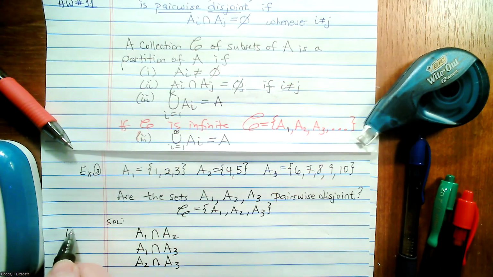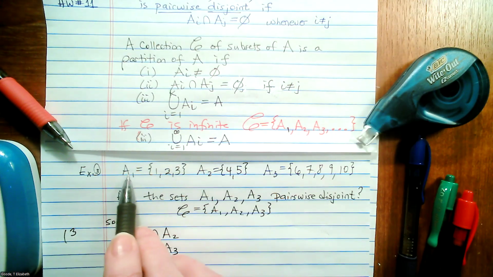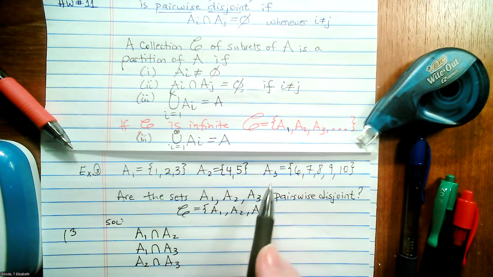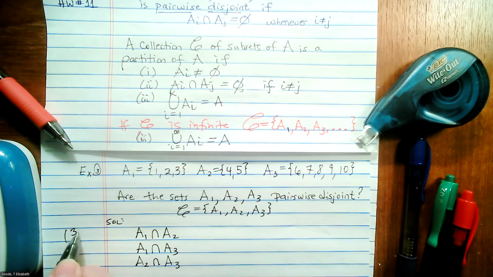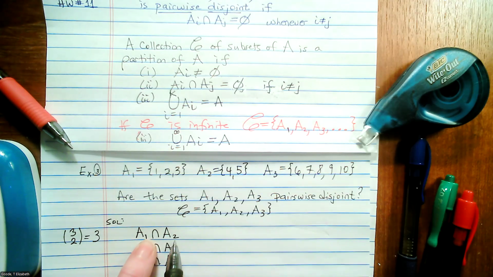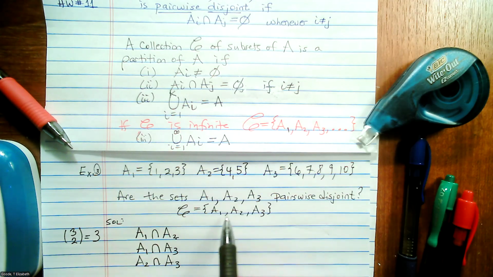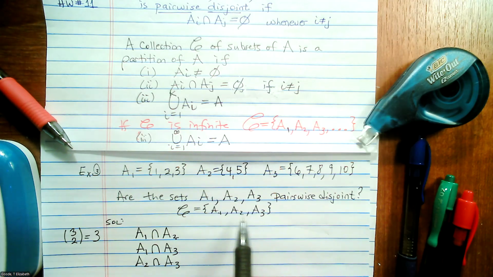We're picking two at a time, and if you calculate that, that's 3. There are 3 different ways to pick an I and a J from I, J, K, where they're different.